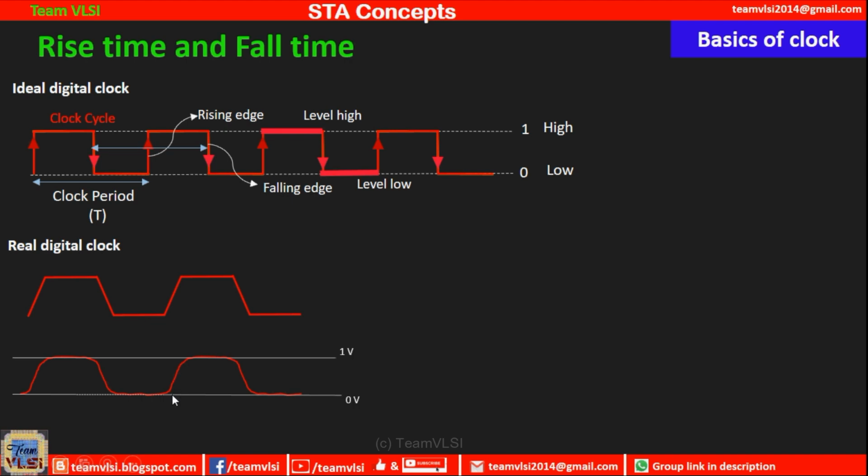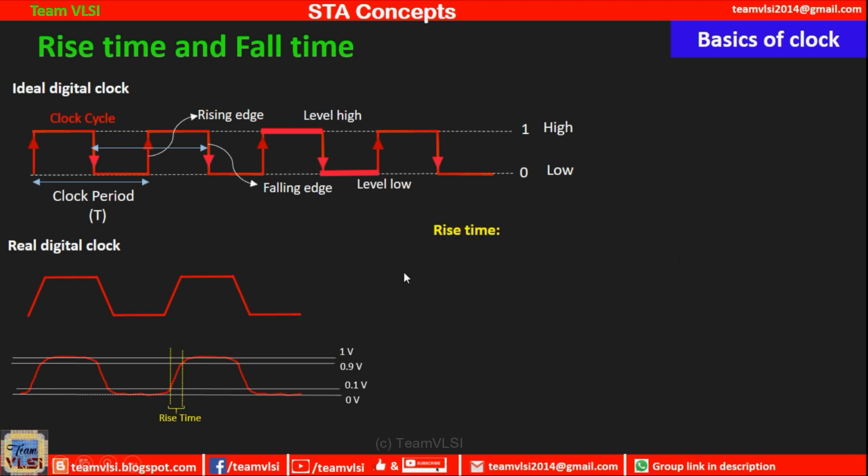Our rise time is defined as the time taken by the clock to go from 10% of the voltage in which it toggles to 90% of the voltage. The time taken by the clock to rise from 10% to 90% of the voltage is called your rise time.